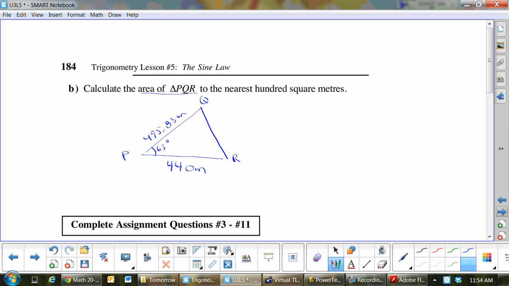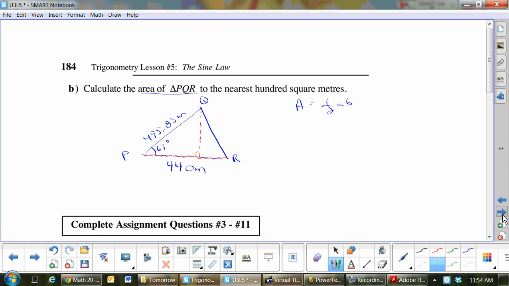Remember, area equals 1/2 AB. A stands for altitude. How tall is the triangle? And B stands for the base that it's perpendicular to. In case you don't know, this is the altitude, and this here is the base.